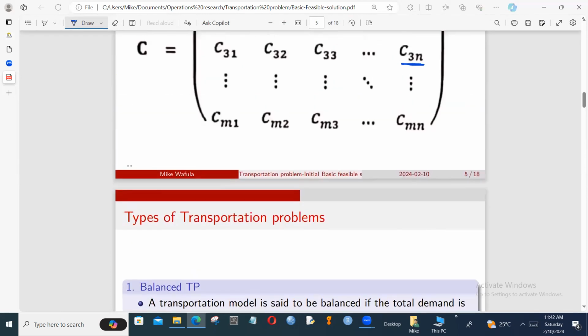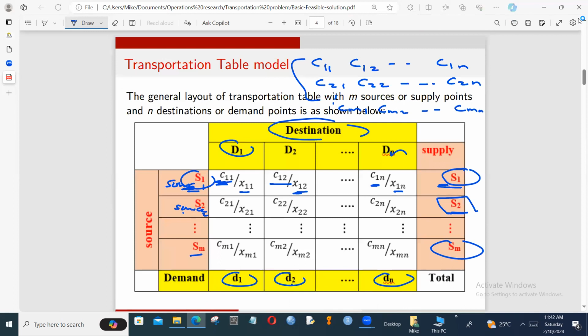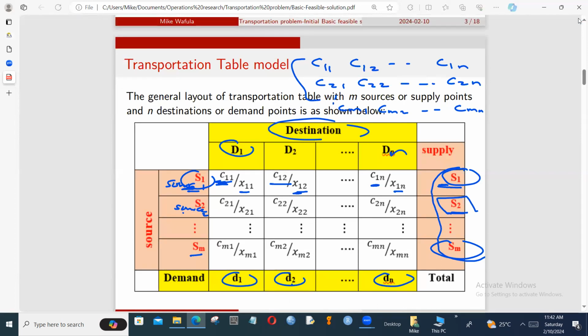One could be where, when you sum what the sources are able to supply, the total supply, you find that it is equal to what the demand from all the destinations is. In a scenario where this row total equals this column total, when the supply and the demand are equal, you get a common figure here.